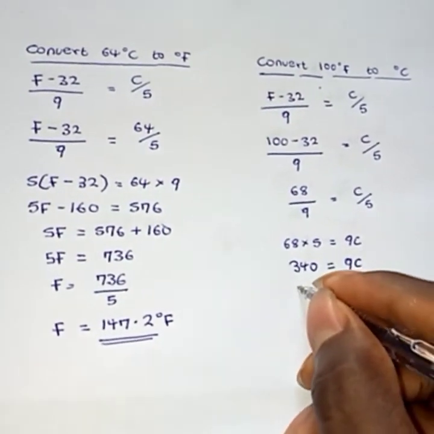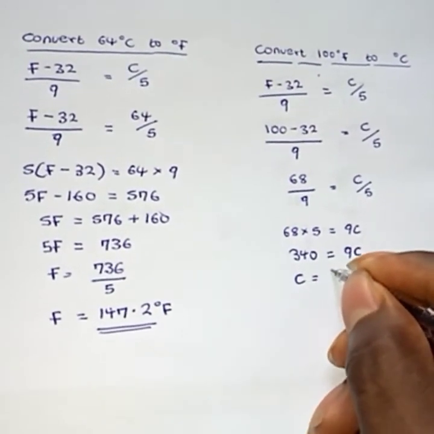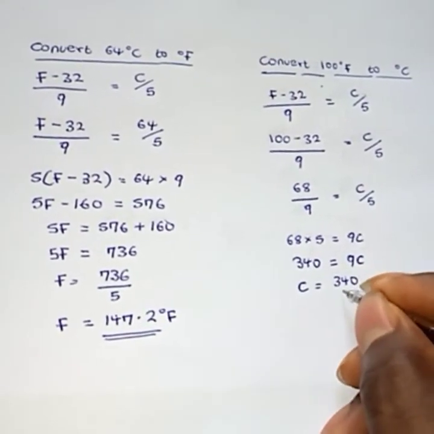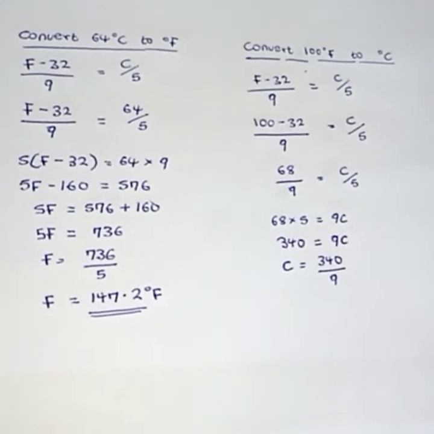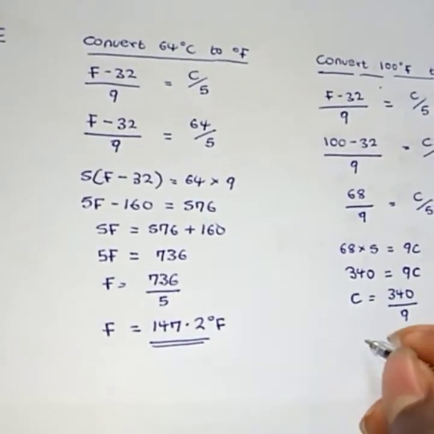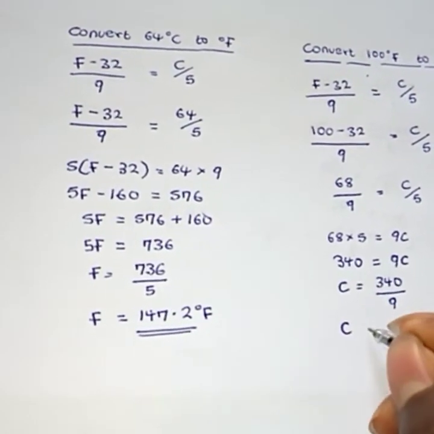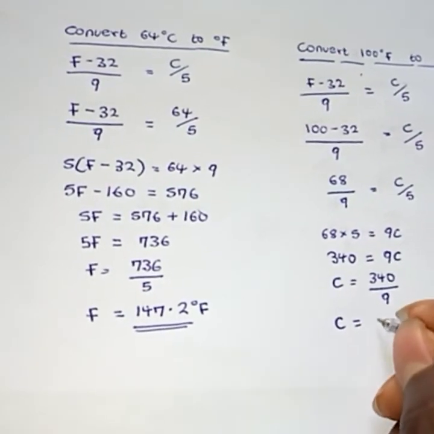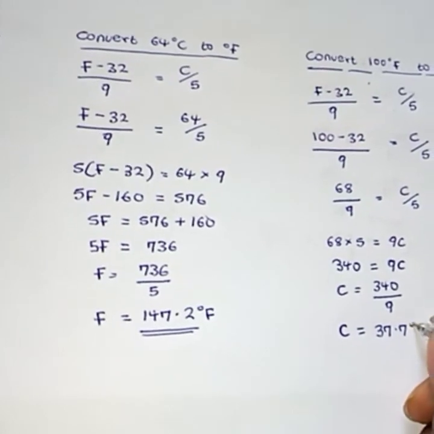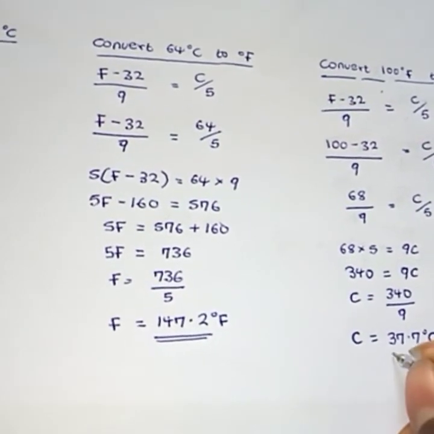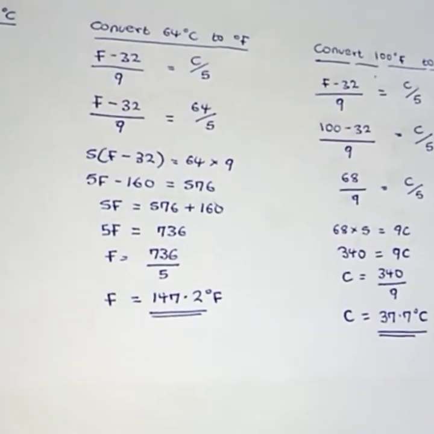So our C equals 340/9. Let's make use of our calculator. That will give us C equal to 37.7 degrees centigrade.